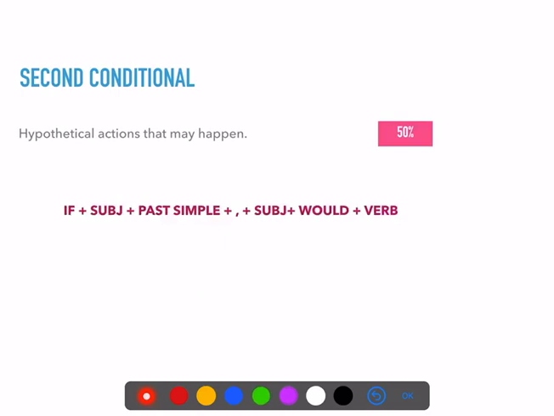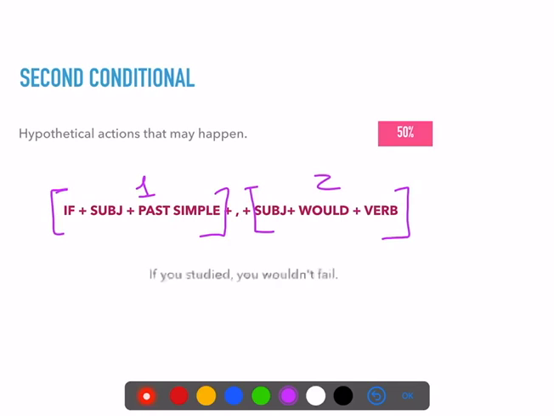And here we have, again, two sentences. First one and the second one. And the comma, of course. If you studied, you wouldn't fail. If you, past simple, studied, you wouldn't fail.